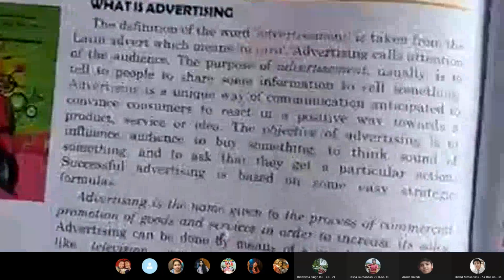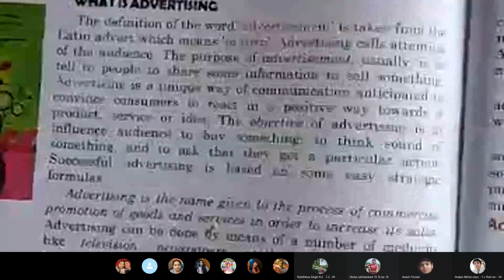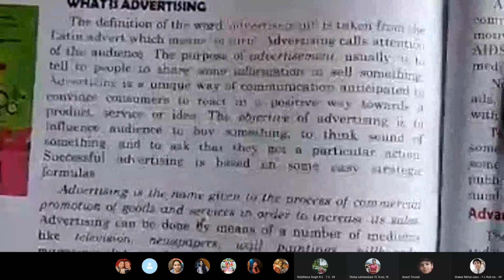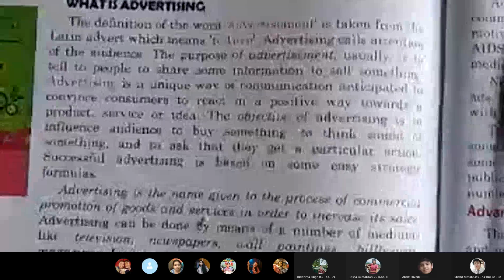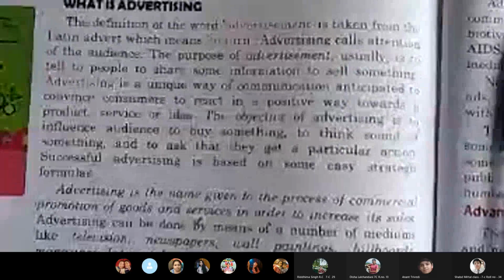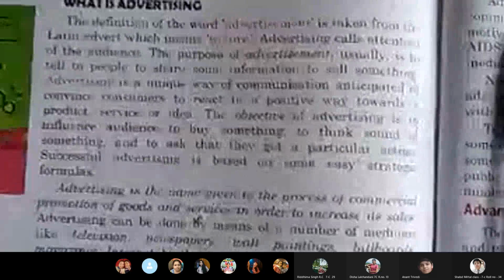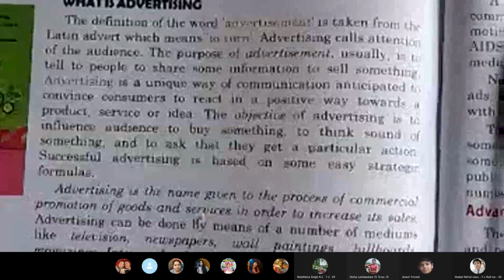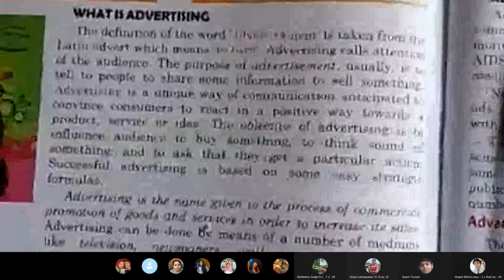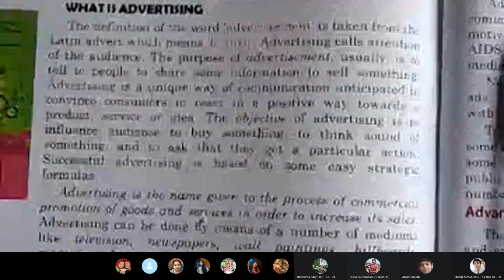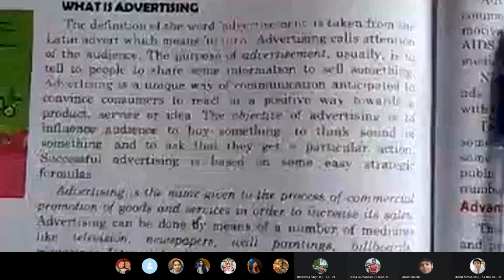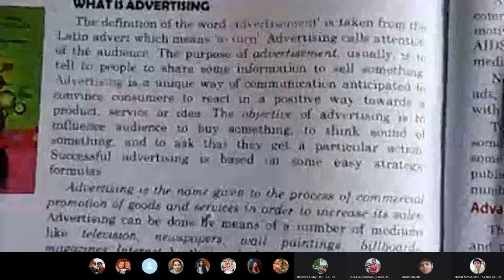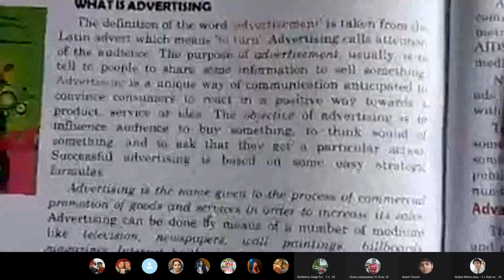Now, advertising is a unique way of communication aimed towards convincing consumers to react in a positive way towards a product, service, or idea. The objectives of advertising are to influence the audience to buy something, to think well of something, and to take a particular action.